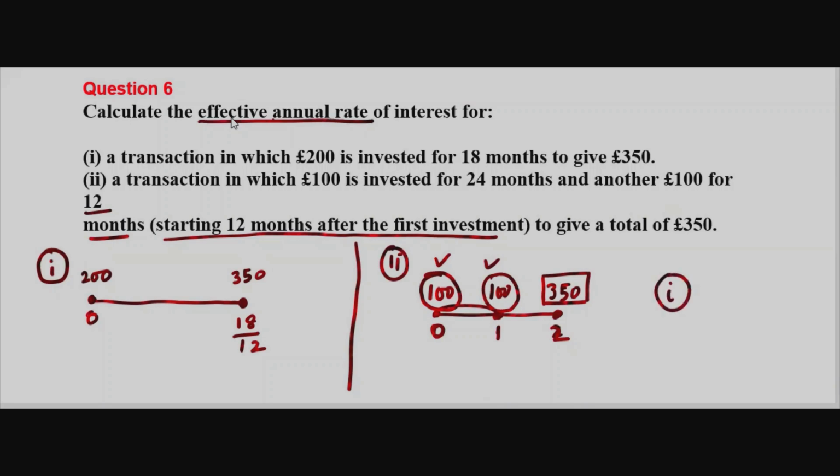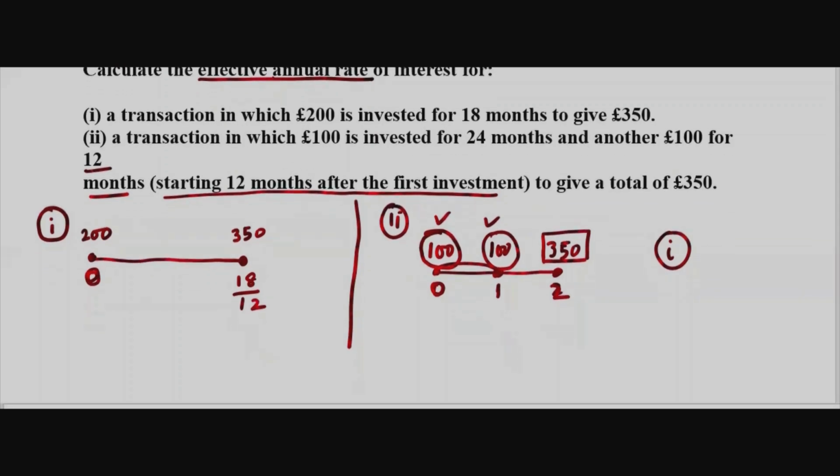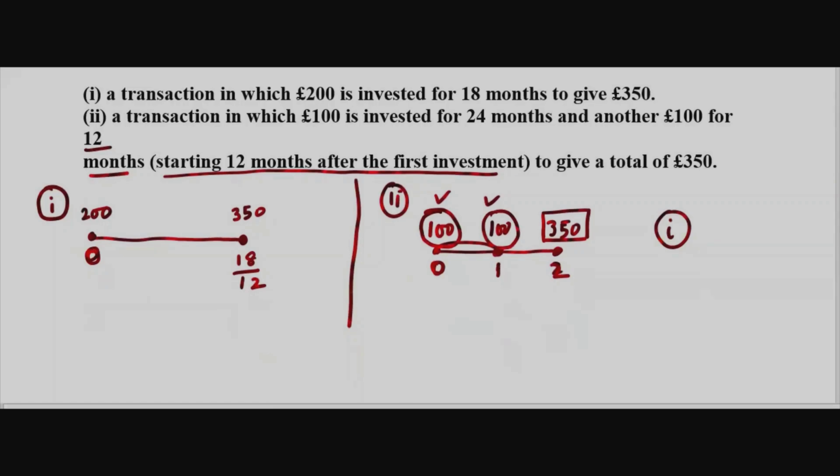In this case, you invested 200 and you got 350 after 1.5 years. You have to find the effective rate of interest. Tell me the equations and then I'll write the answer.